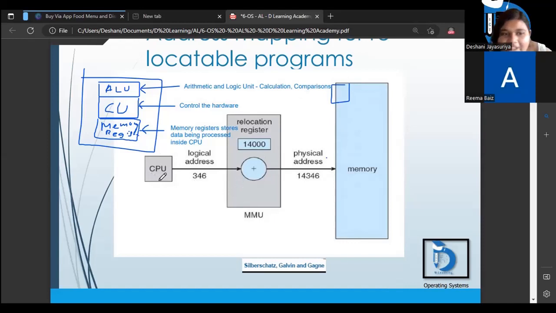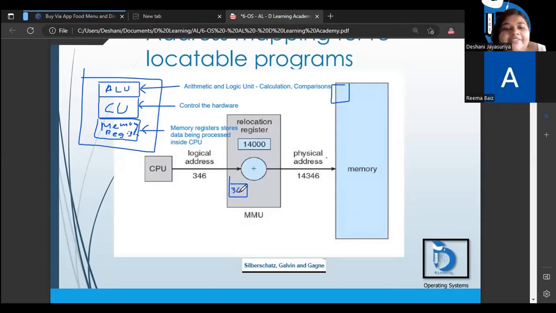But the logical address is related to the logic unit, right? So whatever you are calculating will be in a part of your memory registers with the logical address, which is 346.